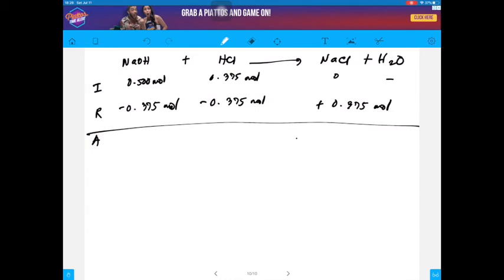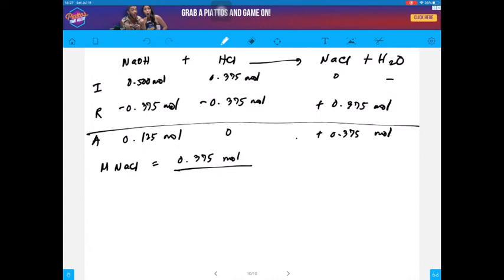After the reaction, we have 0.125 moles of sodium hydroxide remaining, nothing of hydrochloric acid remaining, and 0.375 moles of sodium chloride. If you are asked what is the molarity of sodium chloride after the reaction, we can calculate it using the moles of sodium chloride produced and the total volume of the solution.